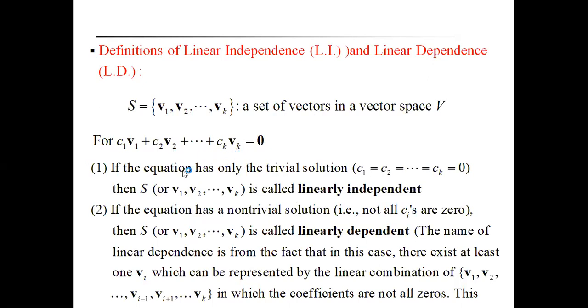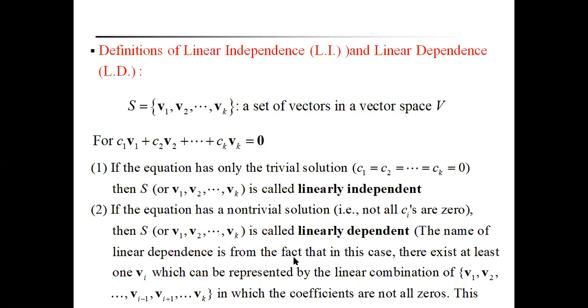It is denoted simply as L.D., capital letters. That means for any subset S of vectors in a vector space, if the linear combination C1 V1 plus C2 V2 plus so on Ck Vk equal to 0 has at least one scalar non-zero, then the set S is called linearly dependent.